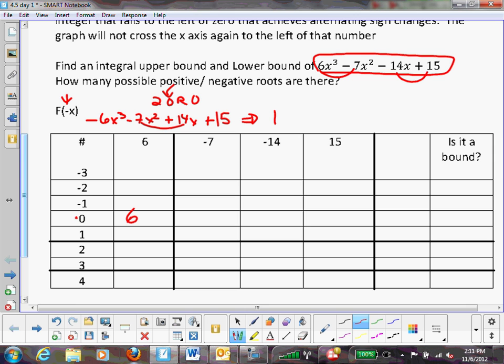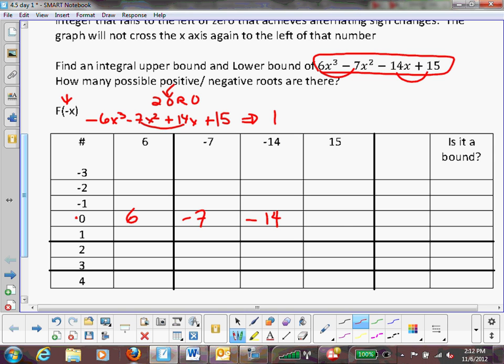Then 0 times 6 is 0, and plus negative 7 is negative 7. 0 times negative 7 is 0, and then we get negative 14. This is how you're going to find your lower and upper bound. Start at 0, you work your way up the negatives and down the positives until you see the sign changes that you're looking for. Does that make sense?